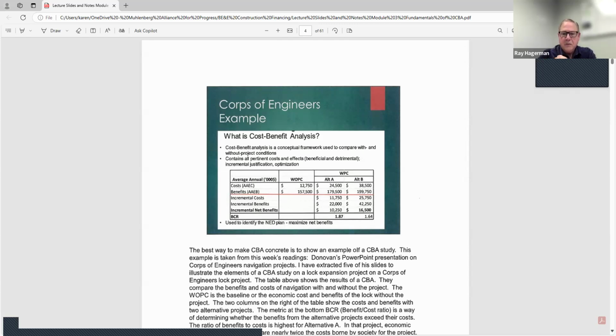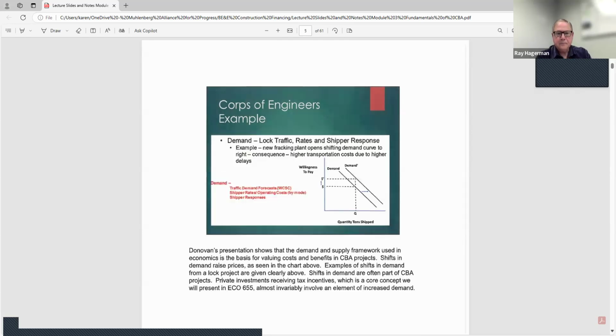In this case, both of these make sense to do. Alt A has the better benefit cost ratio at 1.87 versus 1.64. So anytime you have a benefit cost ratio higher than 1, you probably should do it.